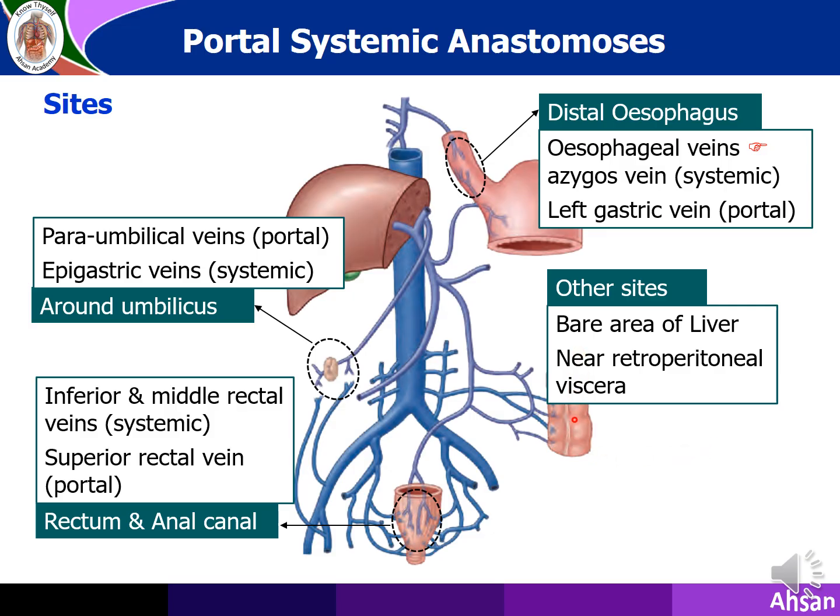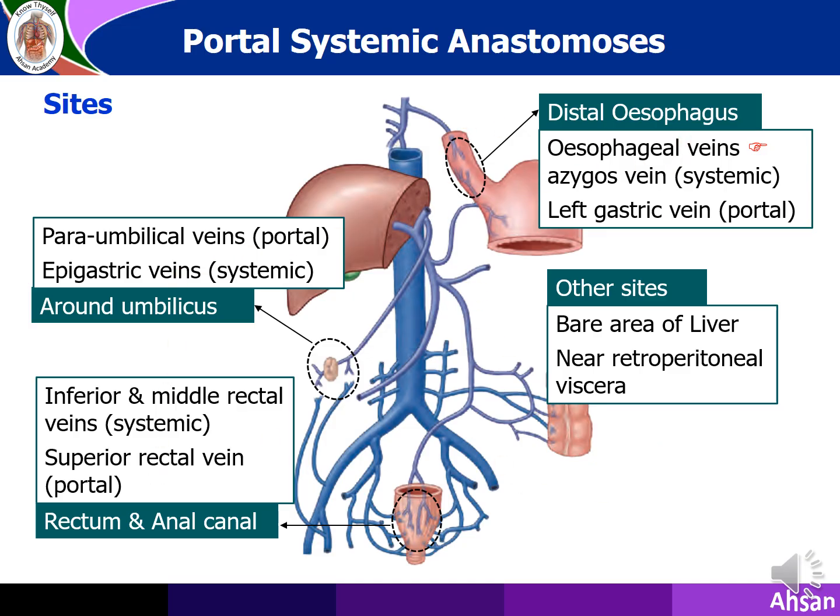Like the descending colon, ascending colon, some duodenum, spleen, and pancreas, all having contact with the posterior wall, and the veins make anastomosis with the veins of the abdomen. But those are clinically less important because the disease affects these first three most.